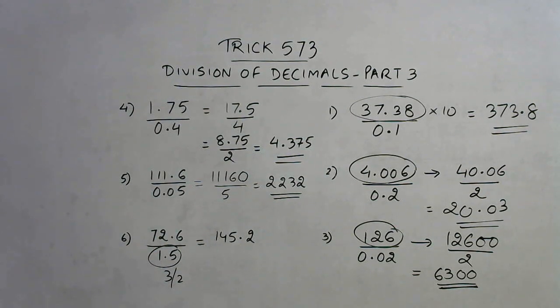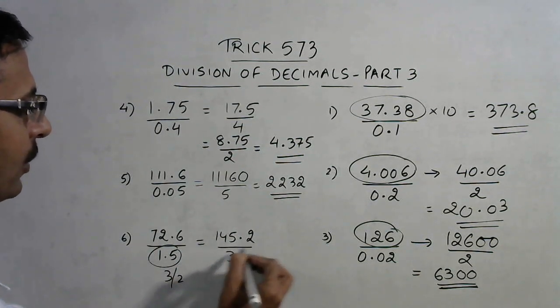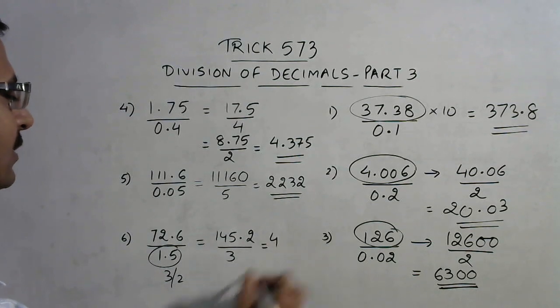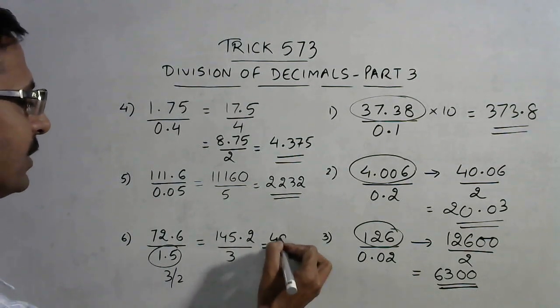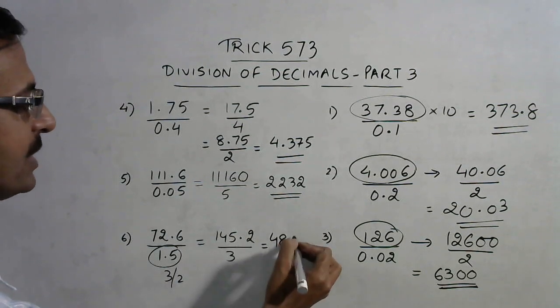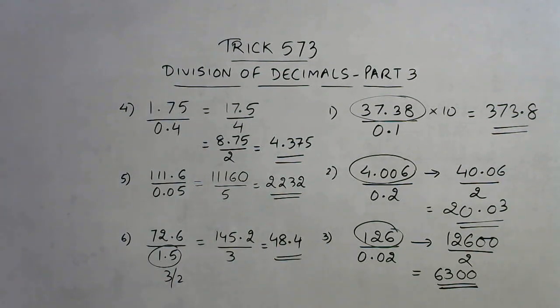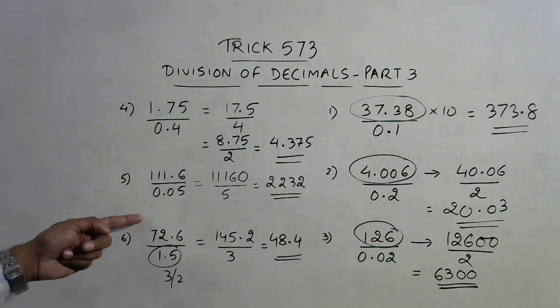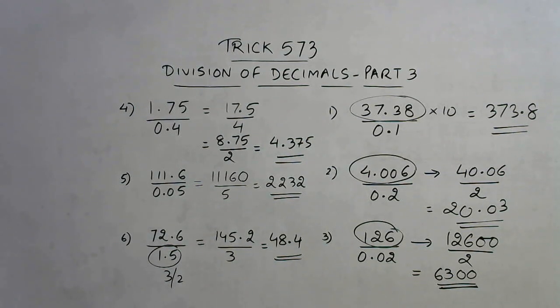Now let's see the denominator. Now the denominator is 3, and now divide by 3. 48.4 is the quotient when we divide 72.6 by 1.5.